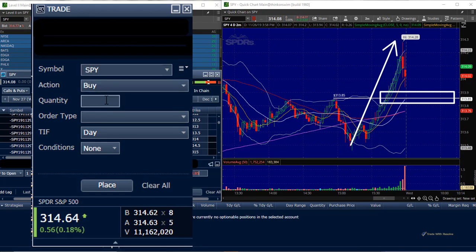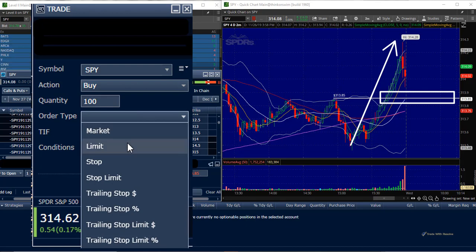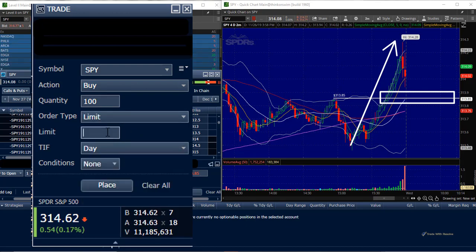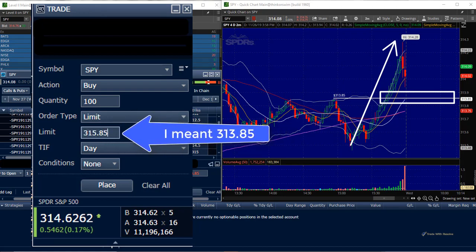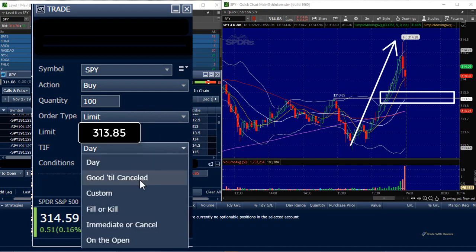Enter the quantity, so let's say you would like to buy 100 shares of SPY with a limit order, and we're going to place a limit order at 313.85 because that is the level that we determined we were interested in buying at. Now here we go, day or good till canceled.